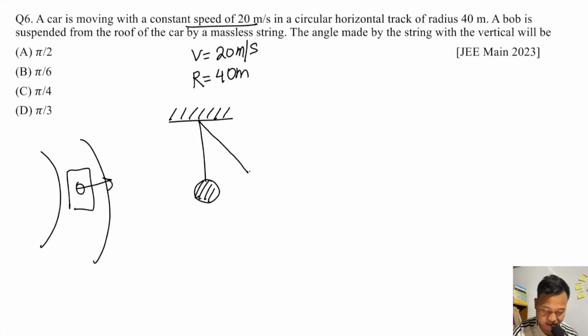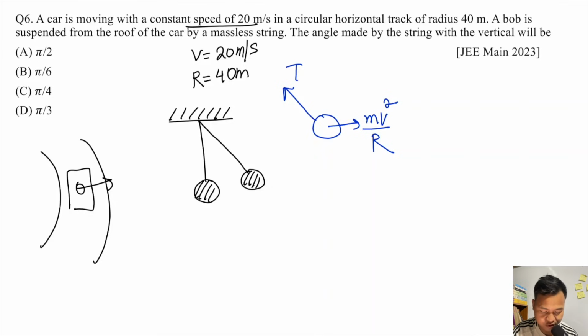So now it will get tilted like this. If you sit on the bob and look at it, it experiences tension T and a force m v square by r, a pseudo force, which is why the bob is now shifted towards the right. Let the angle be theta.